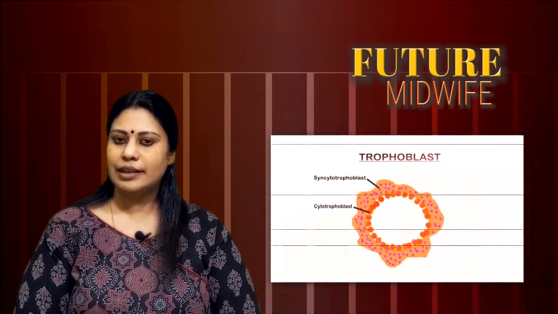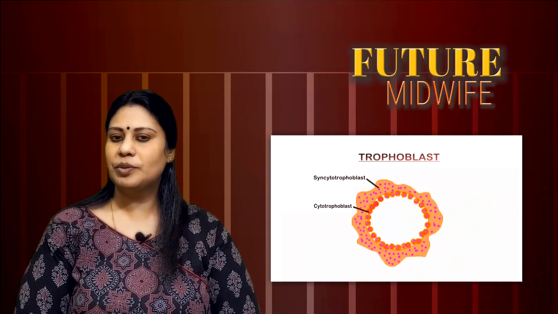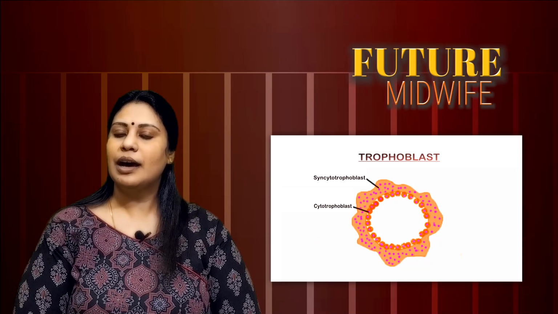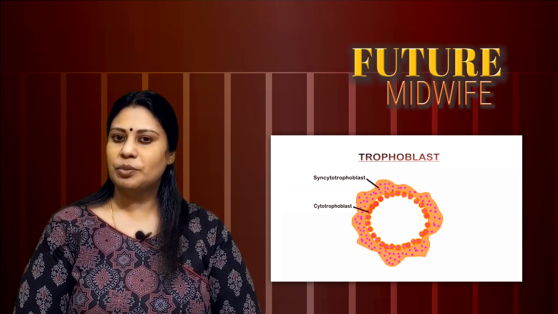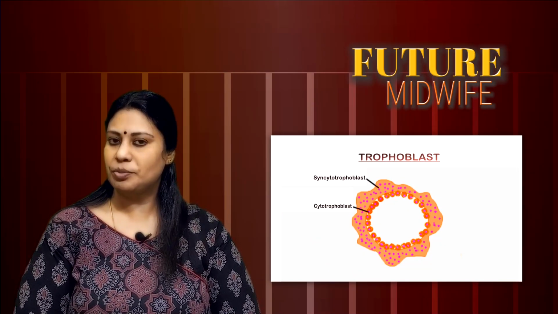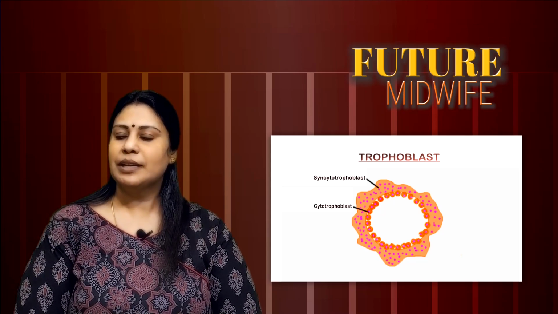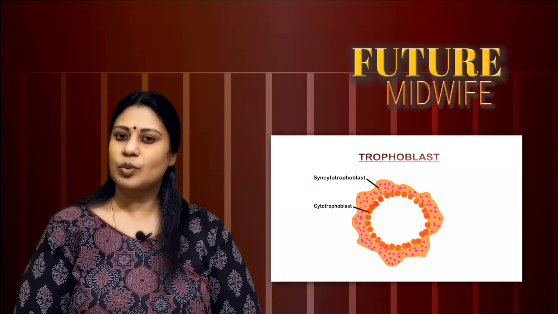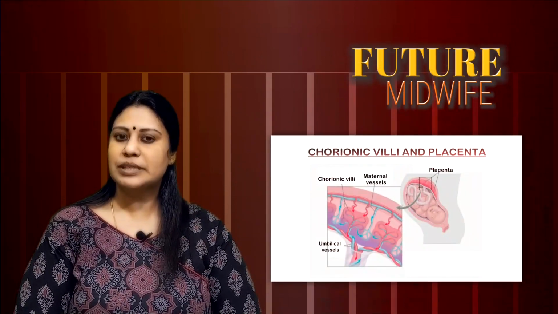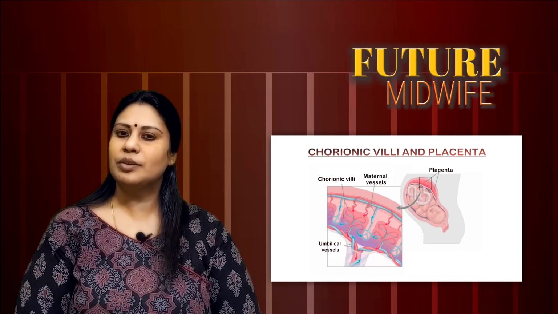On the 8th day, the trophoblast develops and forms the outer syncytiotrophoblast and inner cytotrophoblast. The cytotrophoblast helps to produce proteolytic enzymes, whereas the syncytiotrophoblast forms finger-like projections called chorionic villi.